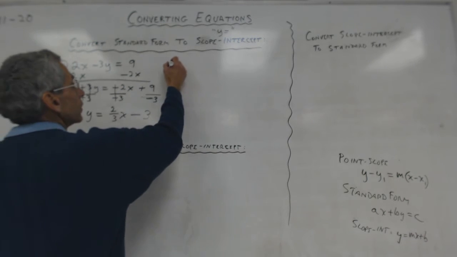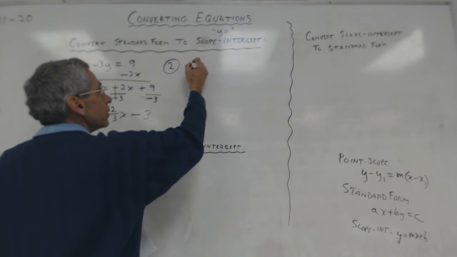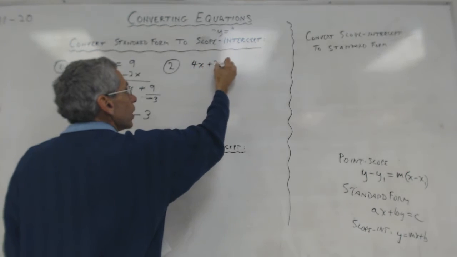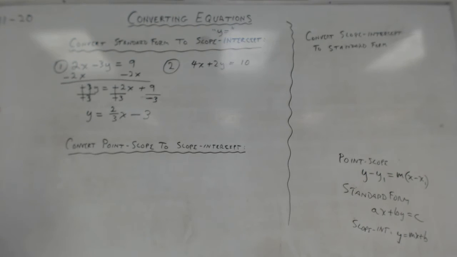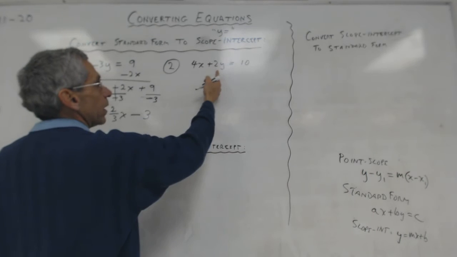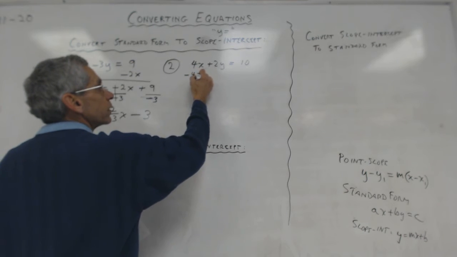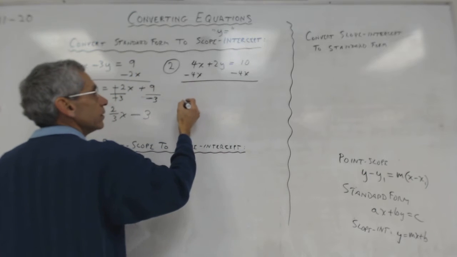All right, let's try another one. What if I gave you 4x plus 2y equals 10? Same thing, I want to say y equals. So I'm going to subtract 4x from both sides.